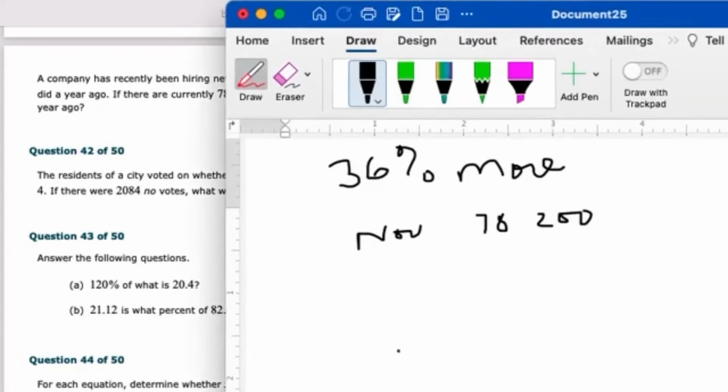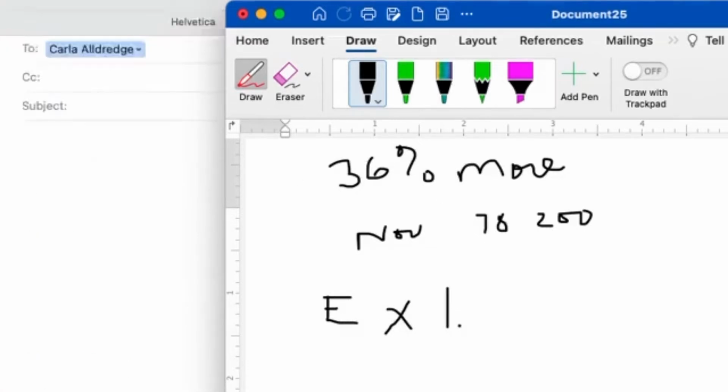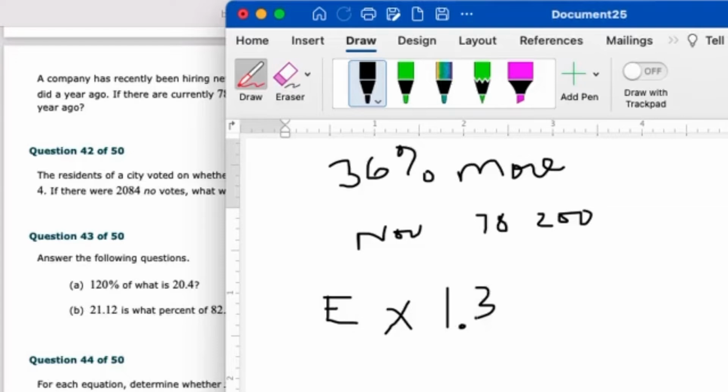We're going to say employees a year ago times, since it says 36% more, we multiply by 1.36. That gives the 36% more added back to the original, which equals 78,200.